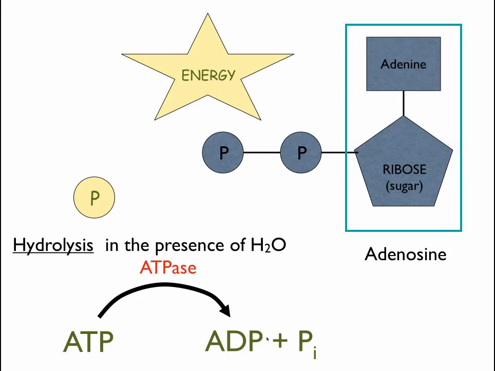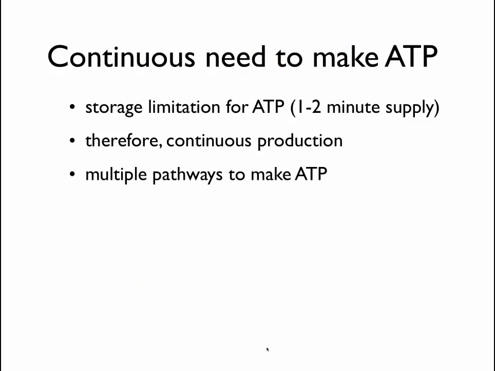Calcium ATPase is involved with calcium pumps, pumping calcium back into the sarcoplasmic reticulum. There are all sorts of other ATPases, but generally what ATPases do is hydrolyze ATP, adenosine triphosphate, down to adenosine diphosphate to release energy.